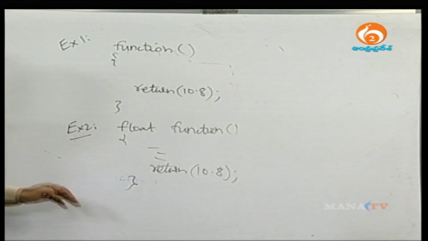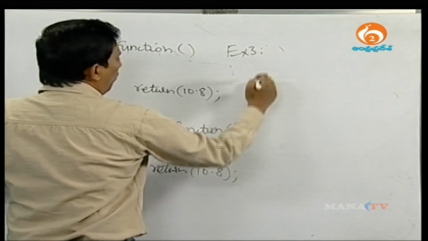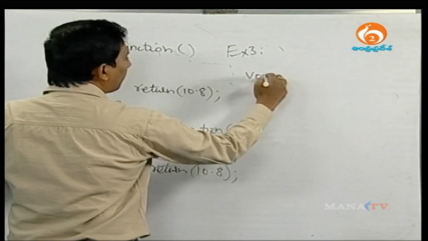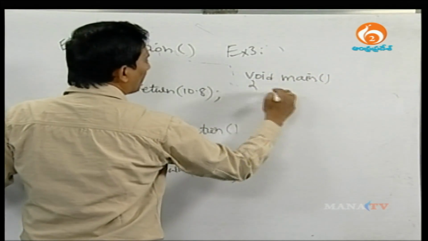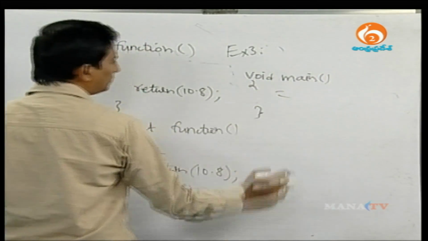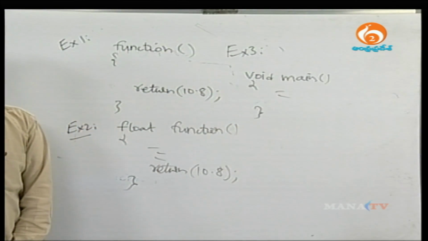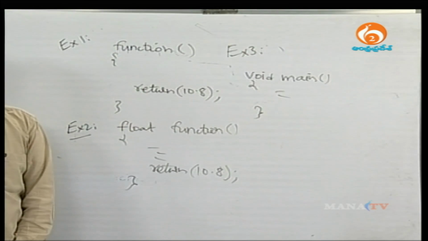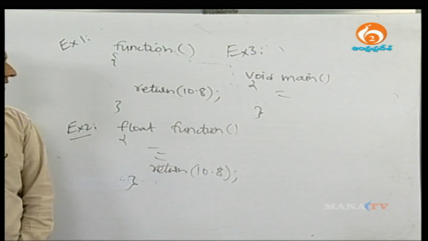So next, example 3. Main, here void. Here I specified void. Here the return type of main is void, since main returns nothing.